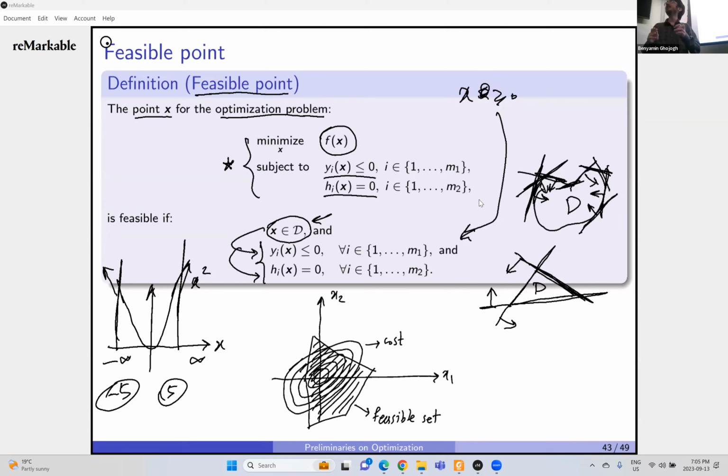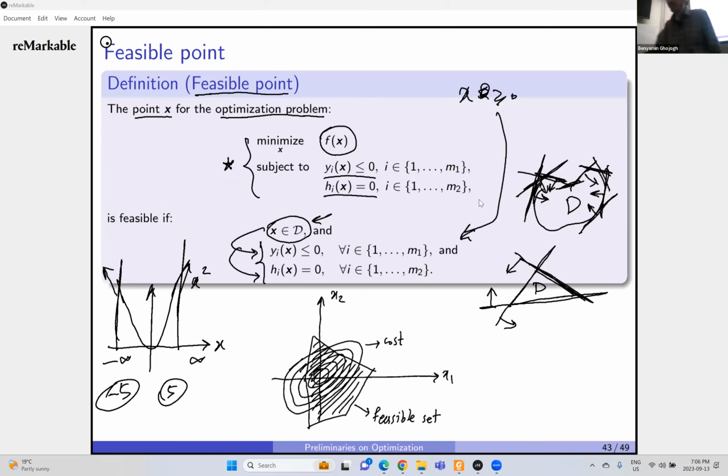Again, the solution to the optimization problem must be feasible, of course, and at the same time it should minimize the cost function. So the solution simply is: which point in the feasibility set, the set of constraints where the feasible points exist, minimizes the cost function?